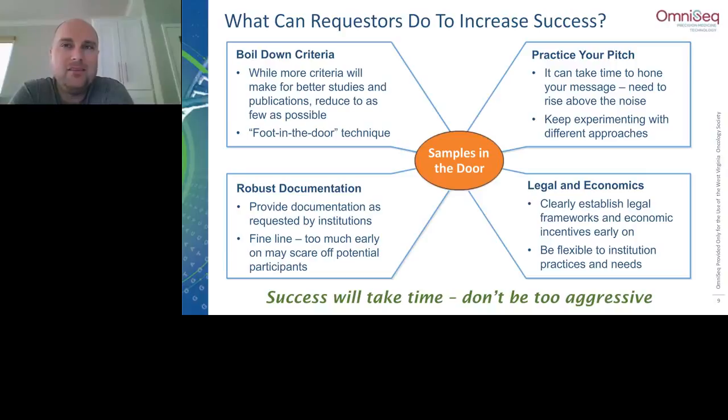This does create a bit of a challenge on the back end of conducting a retrospective study, in that when you start sacrificing on your ideal criteria, you do start to limit what you can do from a publication standpoint. This can include things like waterfall charts, Kaplan-Meier curves, things of that nature.